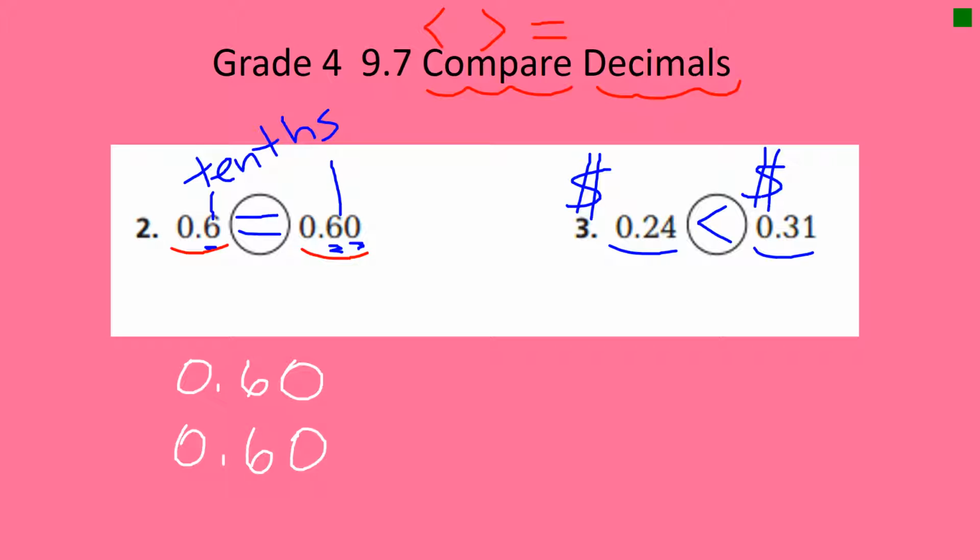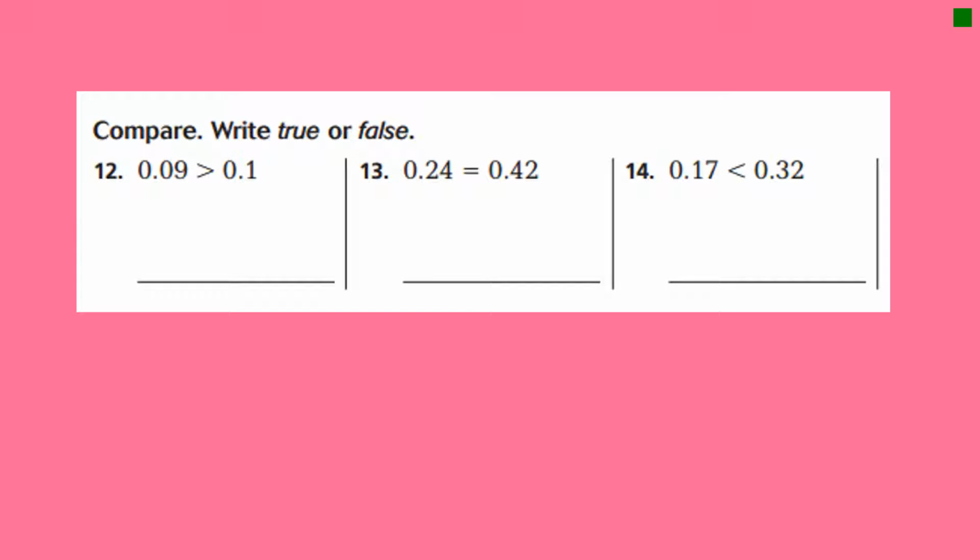Right? And if you wanted to, I like to do this too. I like to just line them up by place value because I know that tenths are like dimes in money, hundredths are like pennies. So this has 3 dimes, that only has 2 dimes. So this one is definitely greater. All right, let's keep going, guys.